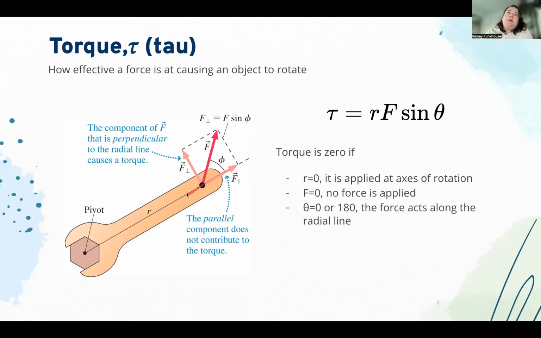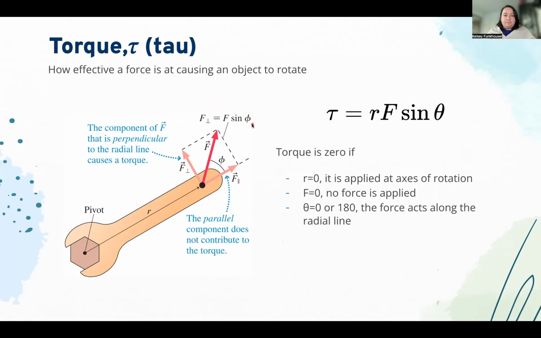So in this example, our force is applied at this angle. The parallel component does not contribute to the torque. Instead of pushing along, we're pulling, it's not going to rotate it. But the perpendicular is going to cause rotation. And so the perpendicular component of the force here is F sine of phi.